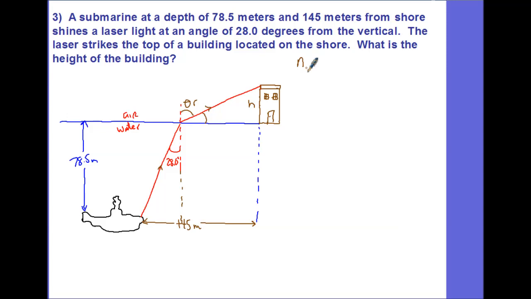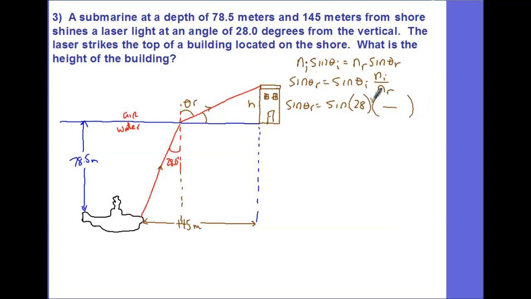Going back to Snell's law, Ni sine theta i is equal to Nr sine theta r. Same kind of solution I've had before, so I should recognize this. Let's plug in some of those numbers. The sine of my incident angle, 28 degrees.